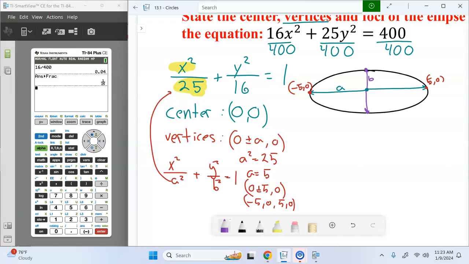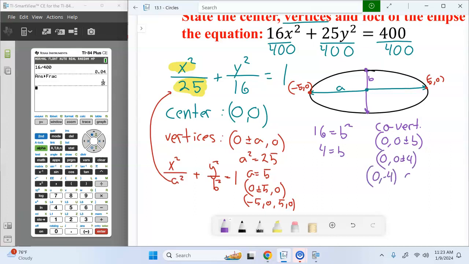What's B going to be? 16 is B squared, so 4 is B. So we're going to go 4 units above and below center. Are we going to change the x values or the y values? The y values. We're going up and down. So for our co-vertices, we take our center and add and subtract B, which in this case is 4. So we get the points 0, negative 4, and 0, 4.